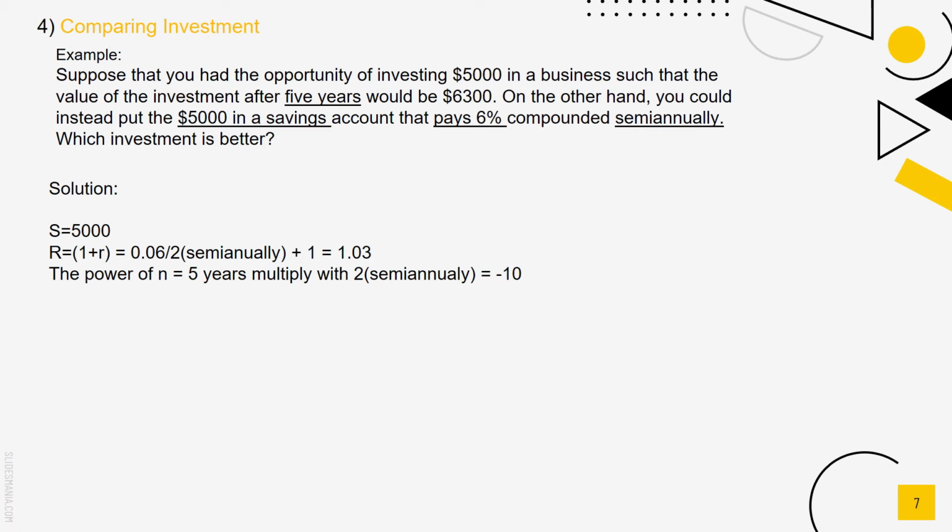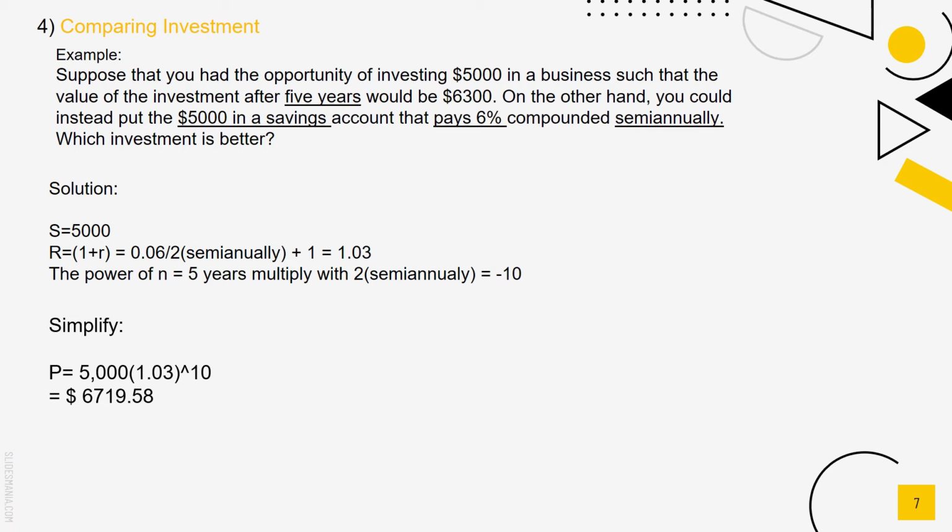From the solution, we can simplify the equation of the compound investment: P equals 5000 multiplied by 1.03 to the power of 10. Why is it not negative? Because we want to find the future value.